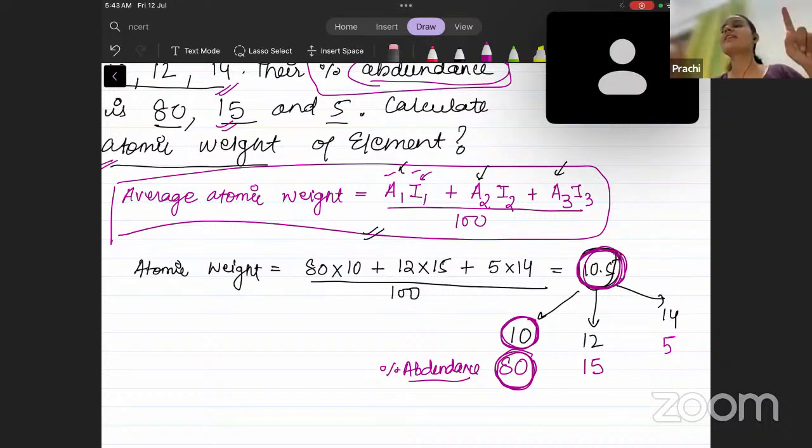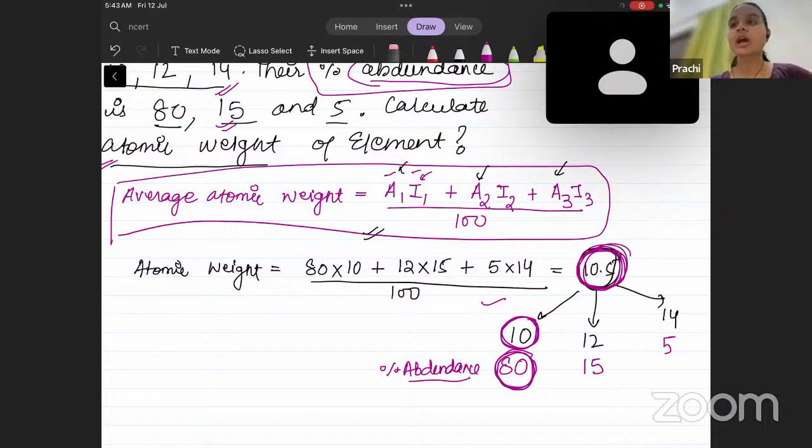The masses in the periodic table are basically the average atomic masses, and they are towards the weight of the isotope which is present in the maximum abundance, which you can see by this example also.